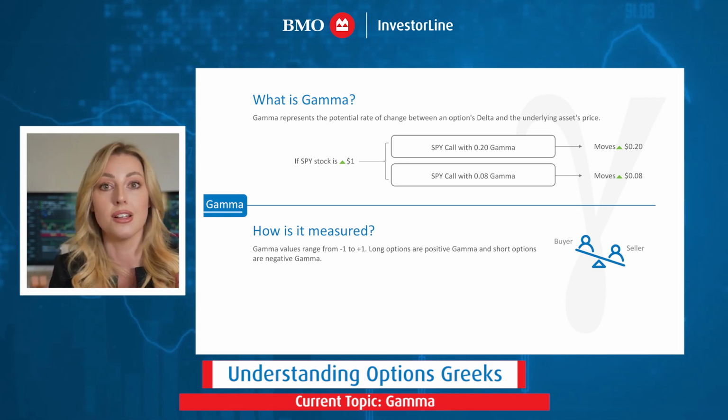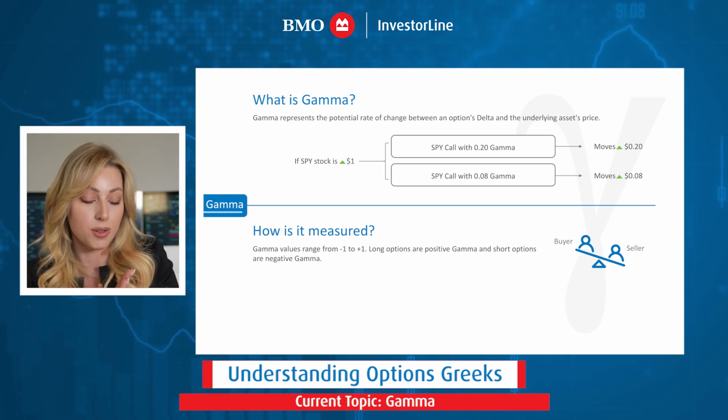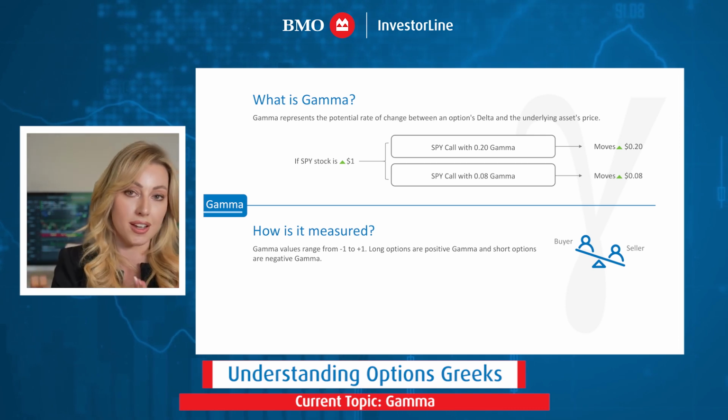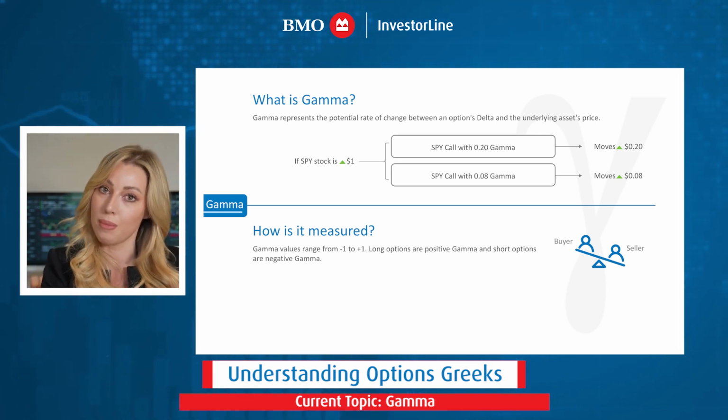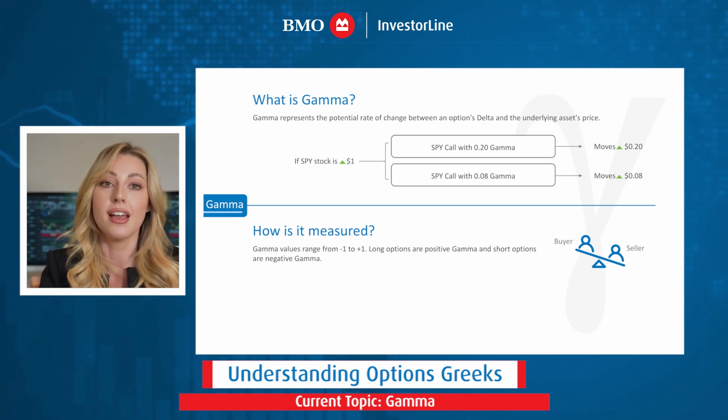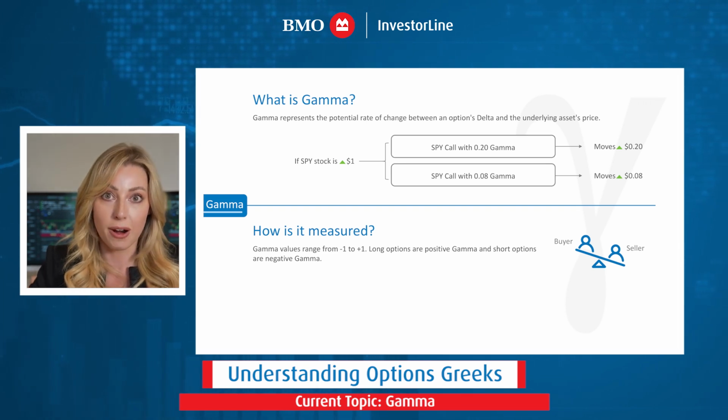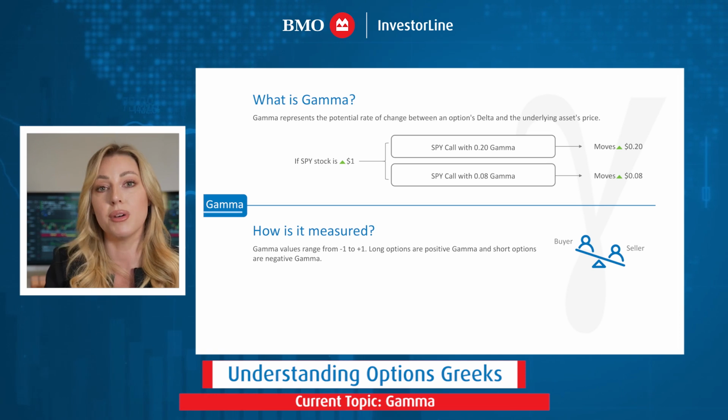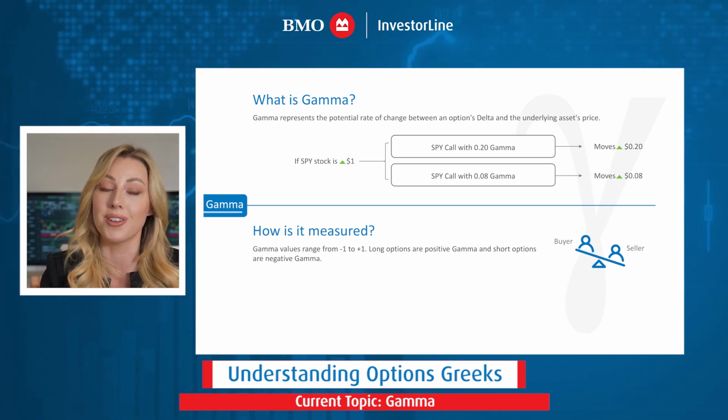Think of it as a domino effect. It tells us where delta is going to go, and think again about delta as that destination. As the security moves in our favor, delta magnifies. Gamma is going to show us if that convexity is positive or negative.